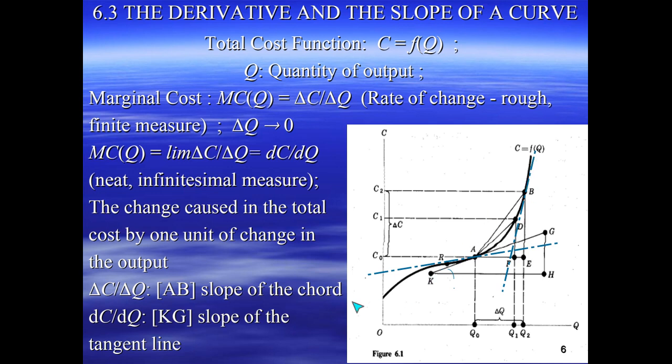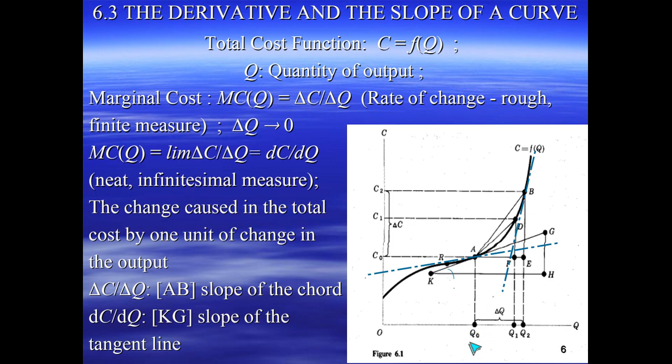It is a function of C with respect to Q. So the total cost is measured in liras, and it is a function of the independent variable, which is the quantity produced or sold, which is Q. So C equals f of Q, the total cost function.